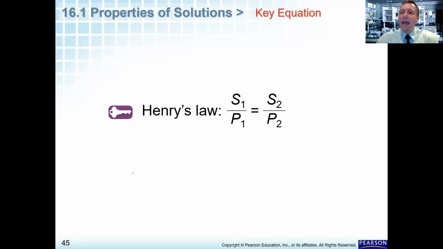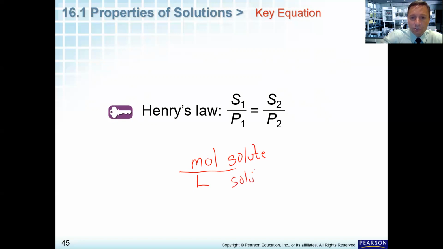Molarity is how many moles of some solute are in liters of solution. So moles of solute and liters solution, and that equals the big M, which is molarity.